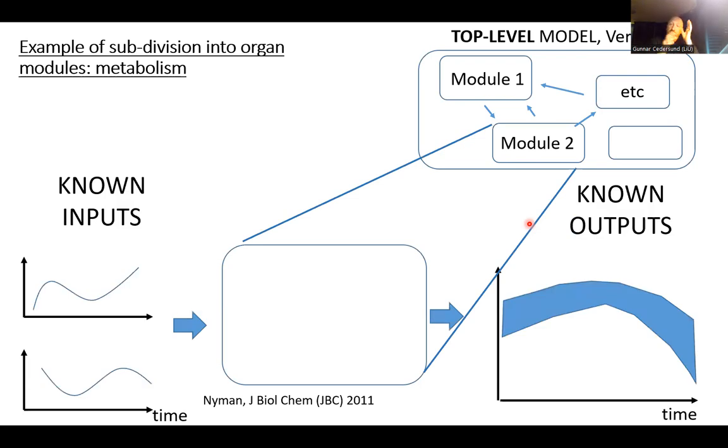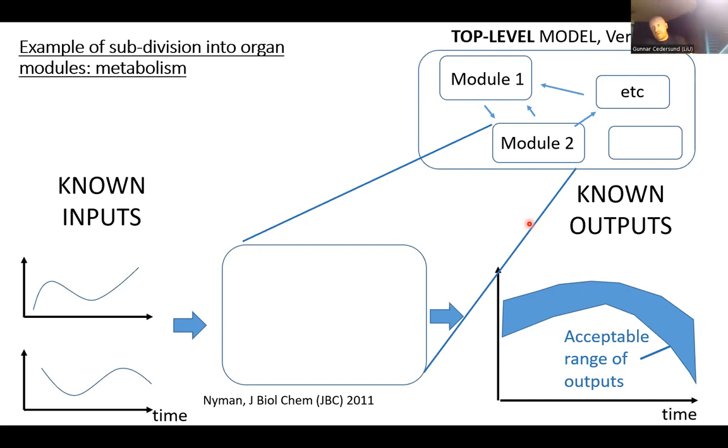And if you have different submodels for the same module, then a given set of inputs needs to give an output which is in an acceptable range. And that's part of the definition of a modular hierarchical model in this way.